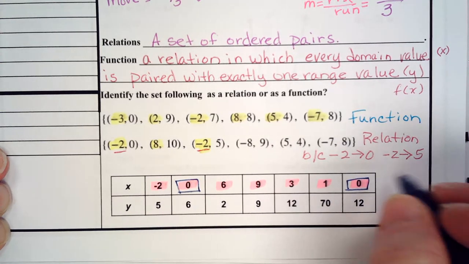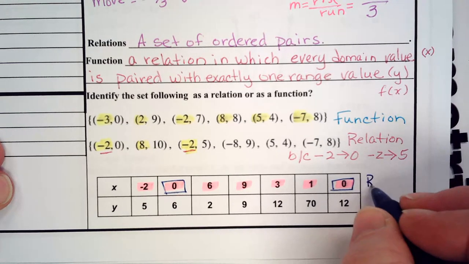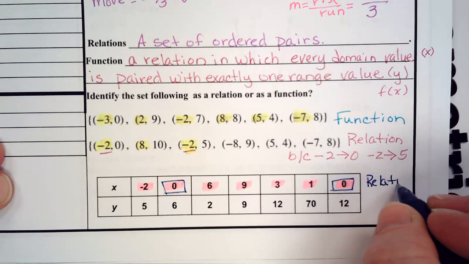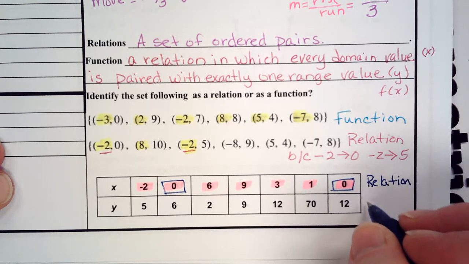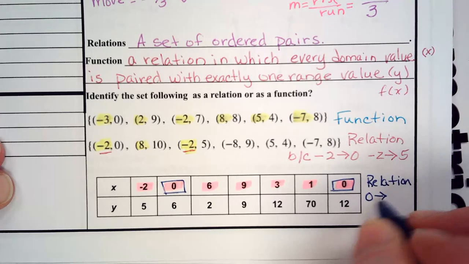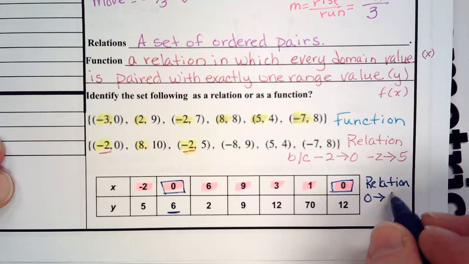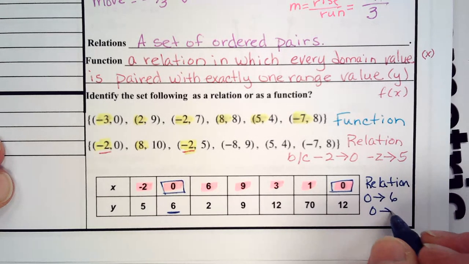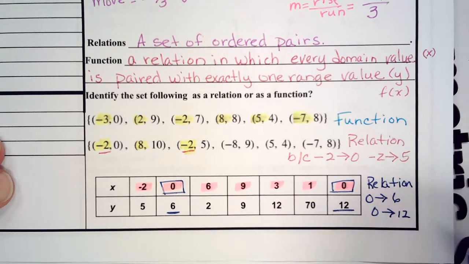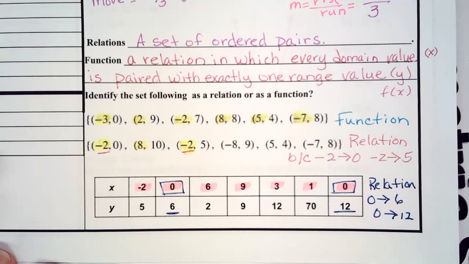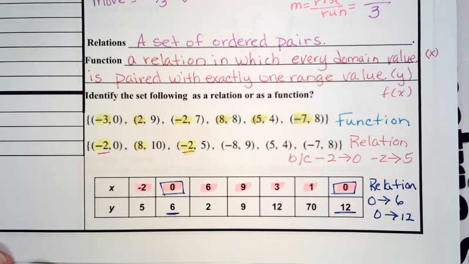So this is a relation. We've got 0 is mapped to 6, and 0 is mapped to 12. So it cannot be a function because 0 is mapped to two different outputs.